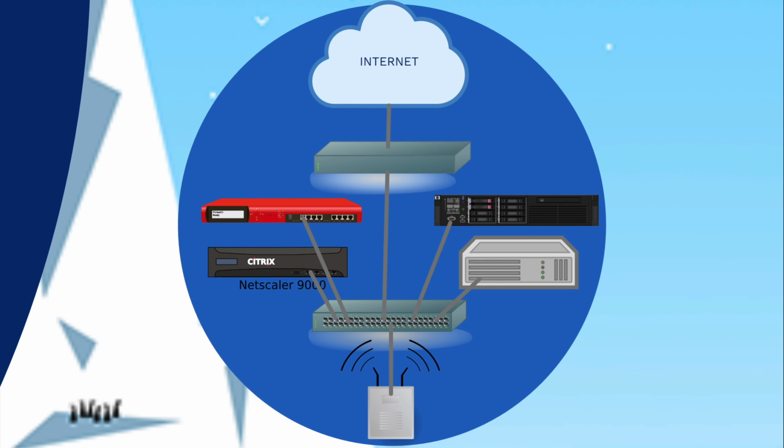And each of these devices most likely will have a separate GUI. If you're looking at a traditional network, it's going to have a separate dashboard that you're going to have to log into to be able to manage that device. And that is absolutely insane because that makes it really difficult to have a central view of the entire network.